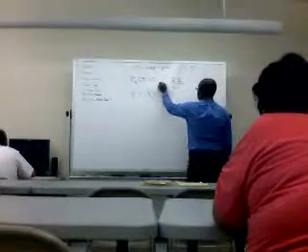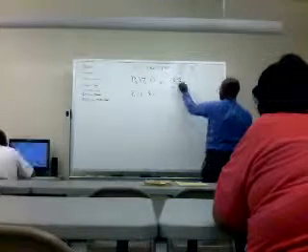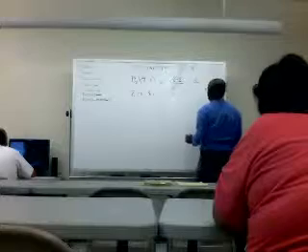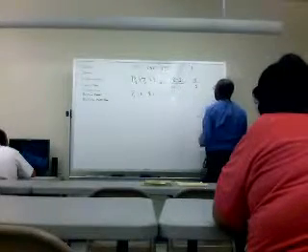That'll be our slope. 8 minus 3 is equal to 5. 4 minus 7 is equal to negative 3.